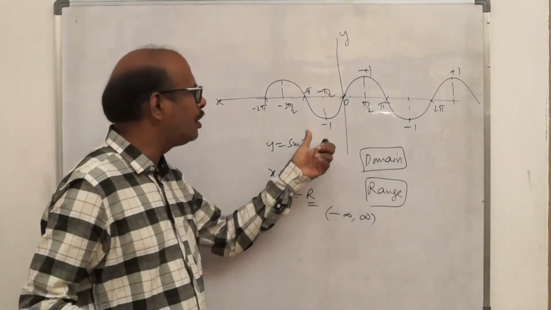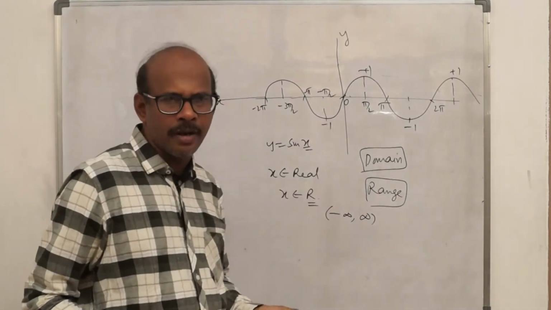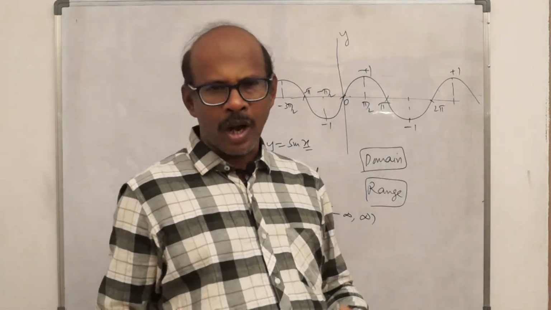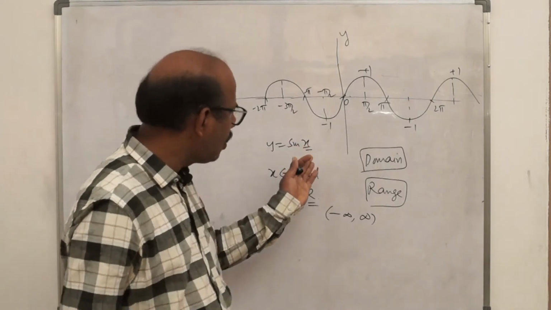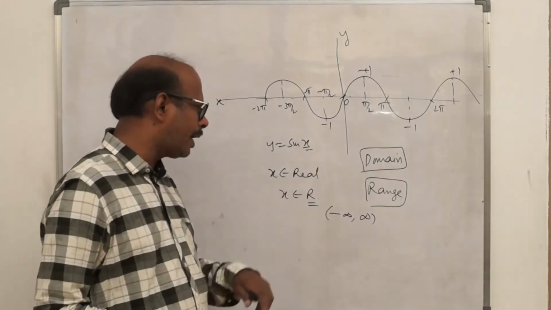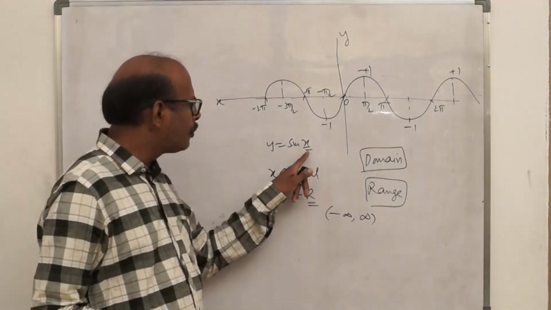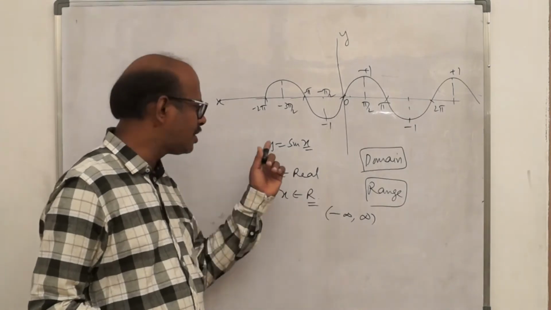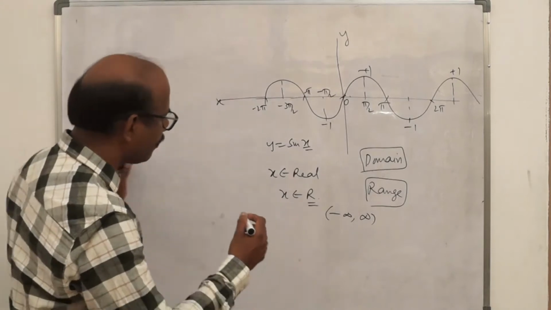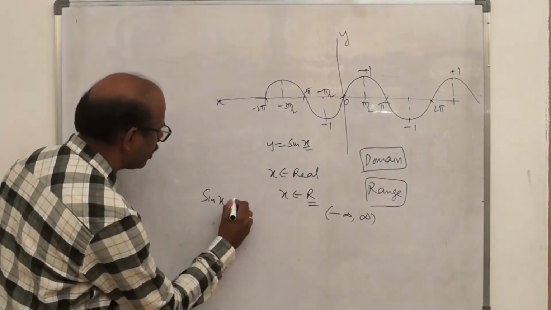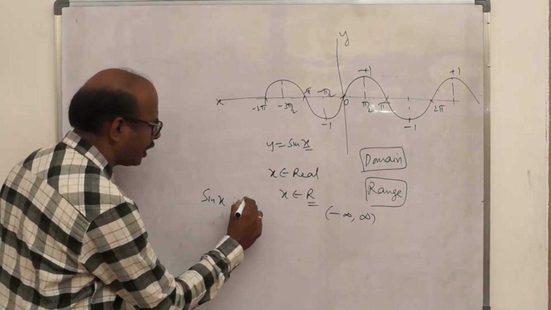Like that the values can be calculated, whether standard, quadrantal or derived angles. If you put any real value of x, y is defined, so the domain of sin x is R.